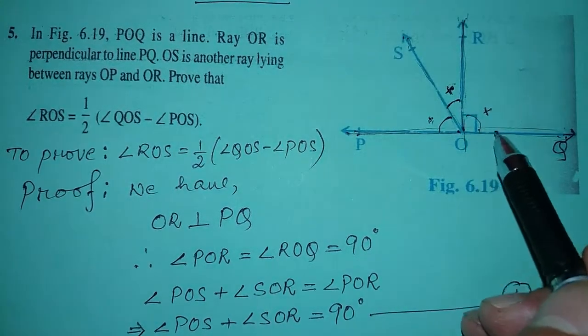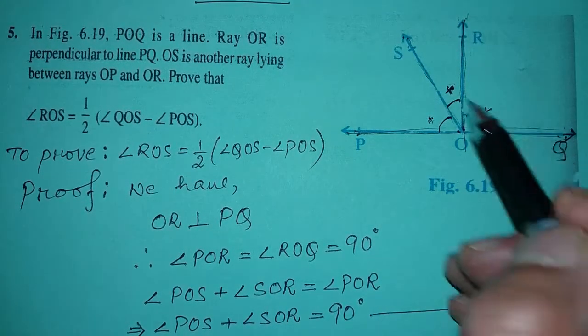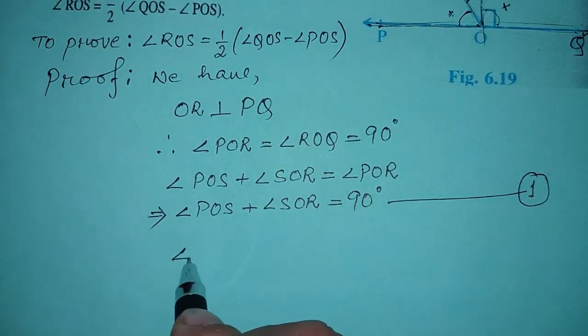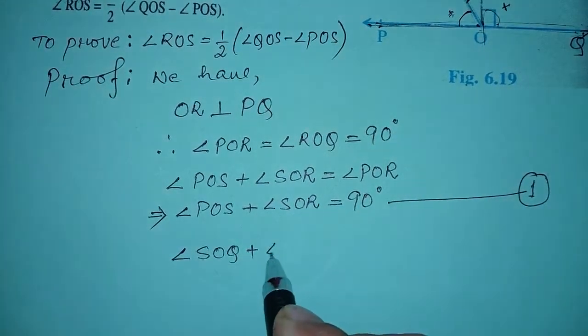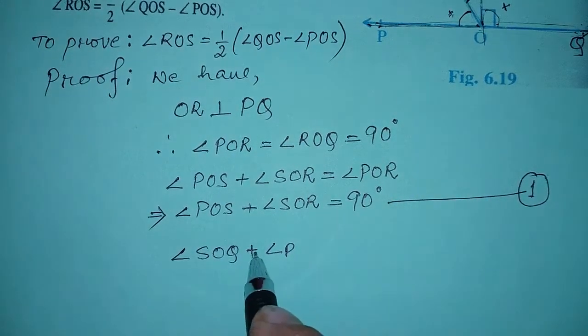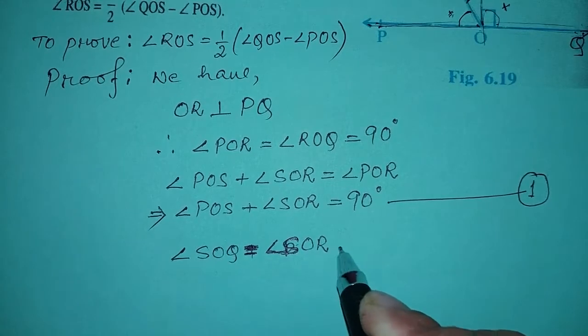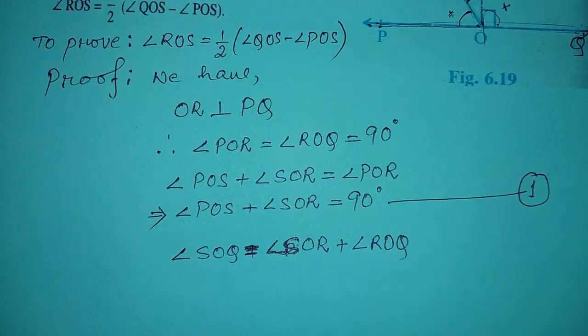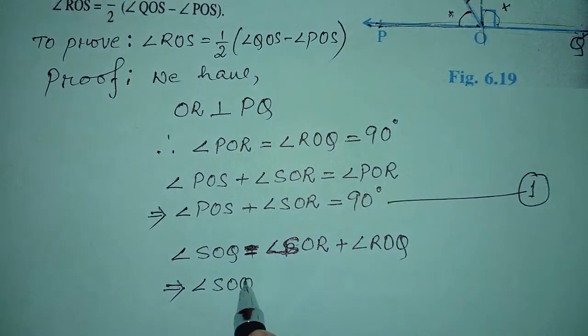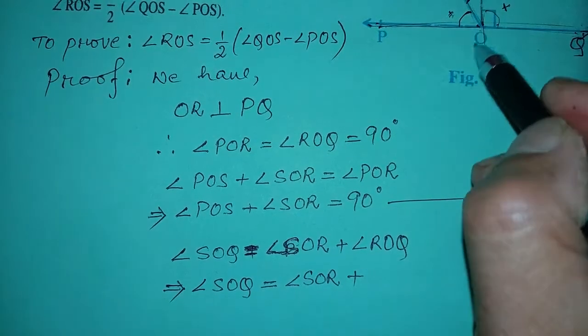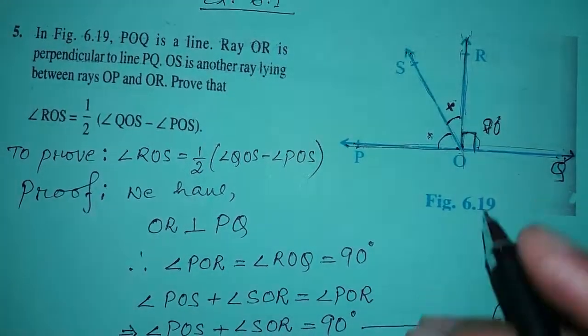So we can say angle SOQ is equal to angle SOR plus angle ROQ, and angle ROQ is again 90 degree.